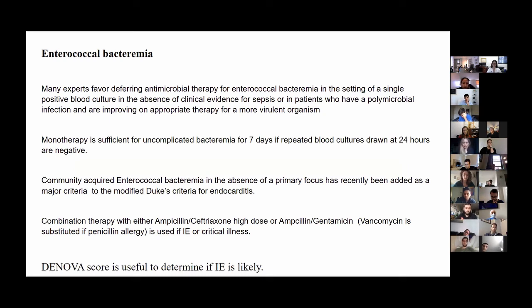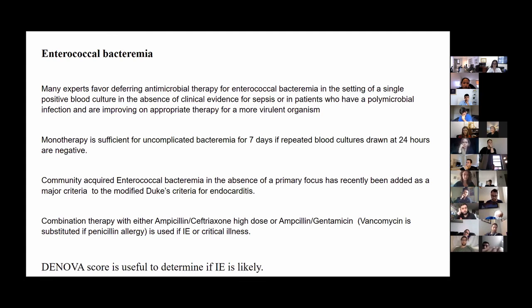And usually if it's in a mixed infection, you don't necessarily have to direct your treatment against it. But if it is a real pathogen, if you have positive blood cultures and it's the only organism, and it seems to be uncomplicated, then a week is fine.